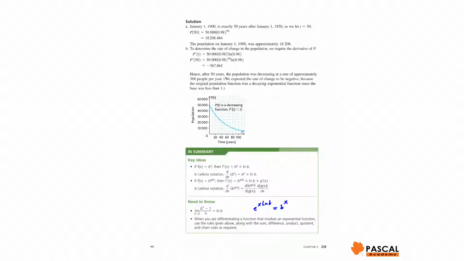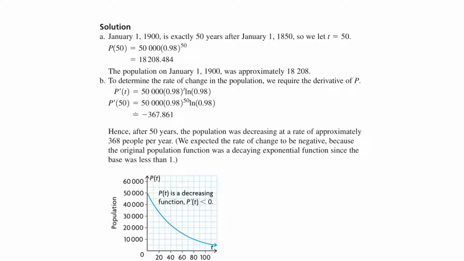The derivative of the function is 50,000 times 0.98 to the power of t times ln of 0.98. In this case, b is 0.98 and P prime of 50 is approximately negative 368.